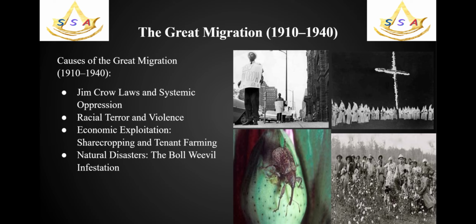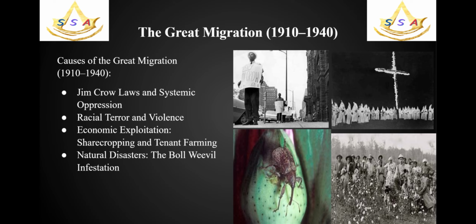In the post-slavery era, many Black families became sharecroppers or tenant farmers, bound to white landowners. The sharecropping system kept Black farmers in a cycle of peonage.